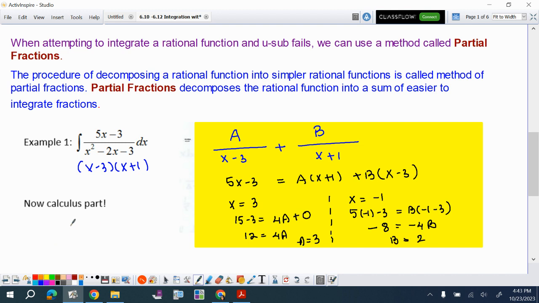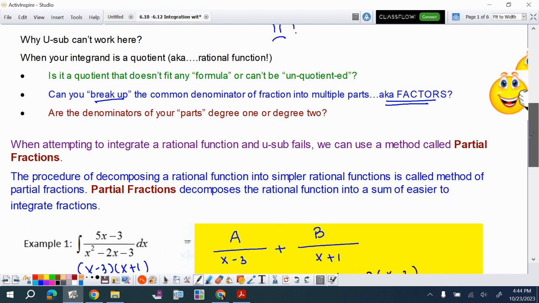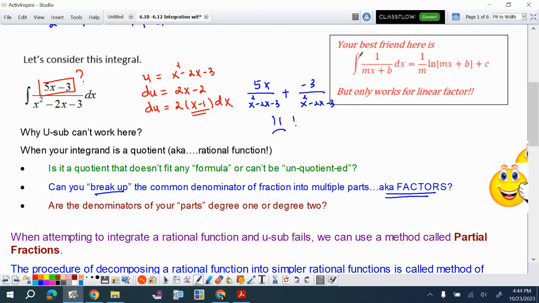So now comes the calculus part. The calculus part is you rewrite this integral as the integral of 3 over x minus 3 plus 2 over x plus 1 dx. Now, what will be the antiderivative of this? And for this part, I told you your best friend is here: linear factors. Anytime we have 1 over (mx plus b) dx, the antiderivative is 1 over m times ln|mx plus b|.